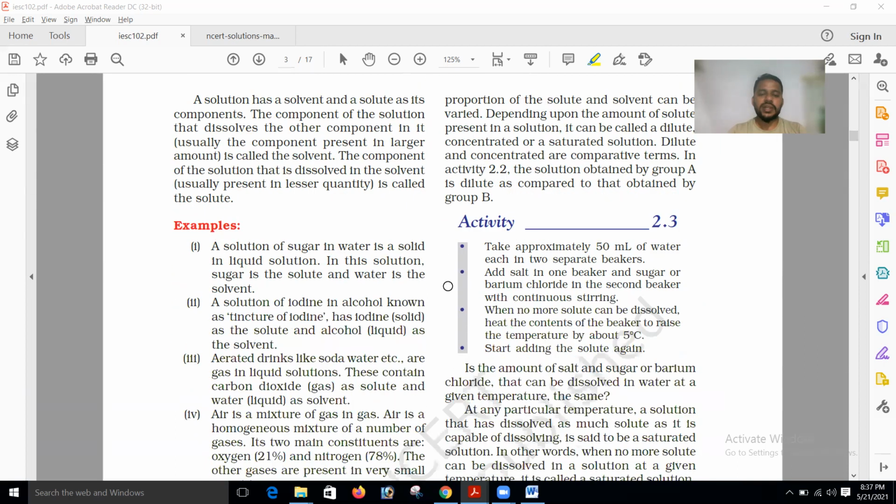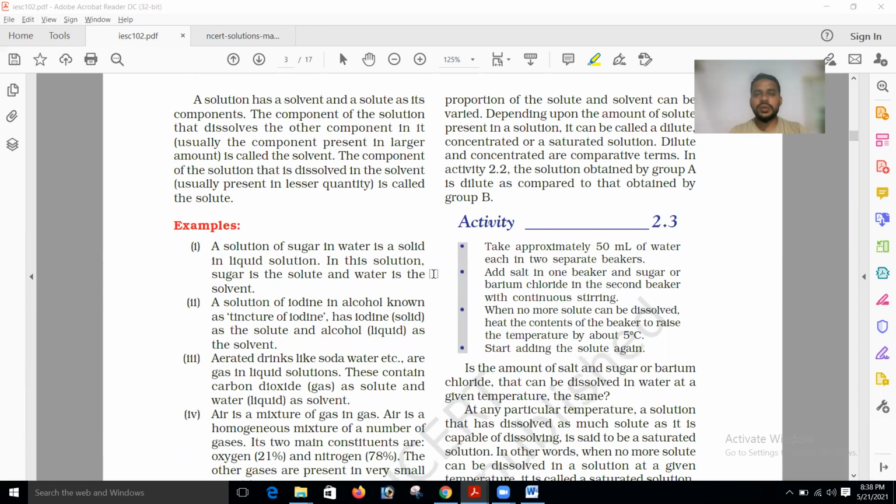Okay, so এতিয়া কিছুমান example দিয়া আছে, you can go through it. A solution of sugar in water is a solid in liquid solution. That means if you mix sugar in water, it will form a solution and in that solution our sugar will be the solute and water will be the solvent, because sugar will be dissolved in water and water will be present in higher quantity.